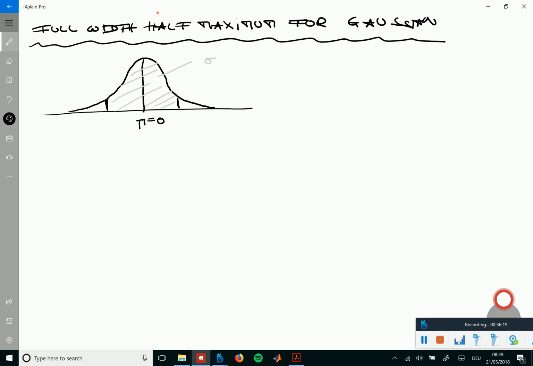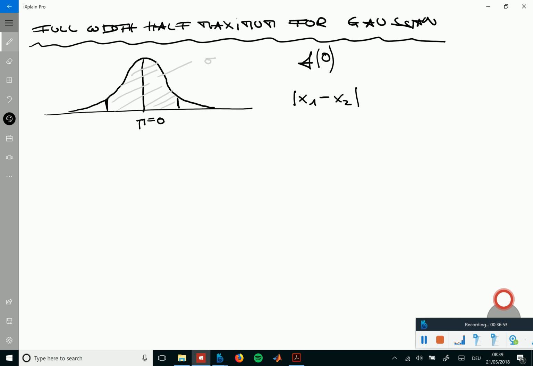If we have a function f and it has its maximum at 0, then the full width half maximum is the distance between two values x1 and x2, and at these values x1 and x2 the function has fallen off to half of its maximum value.